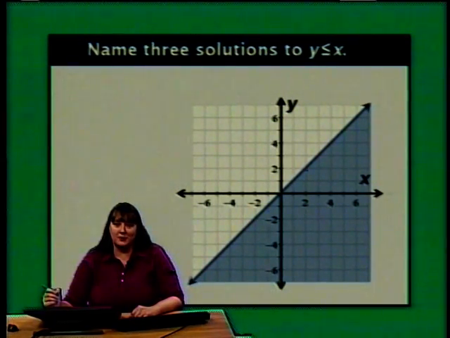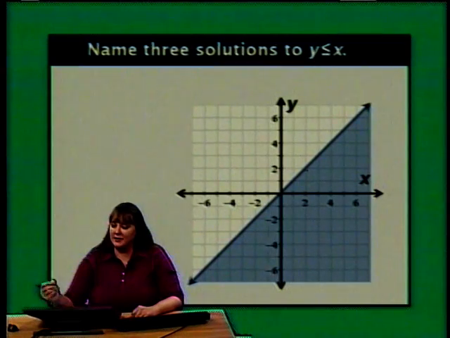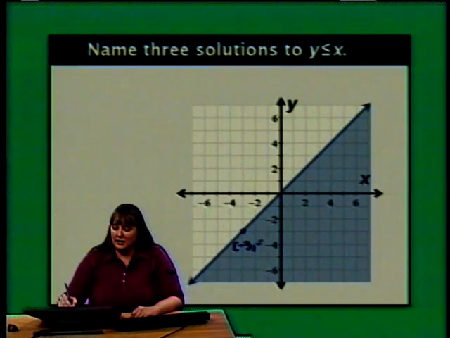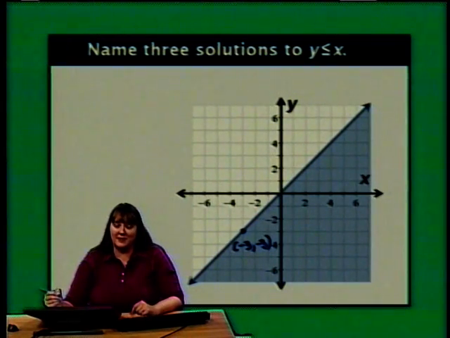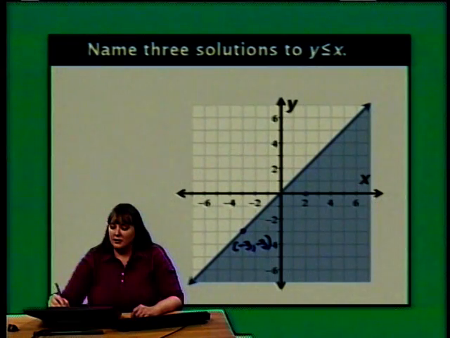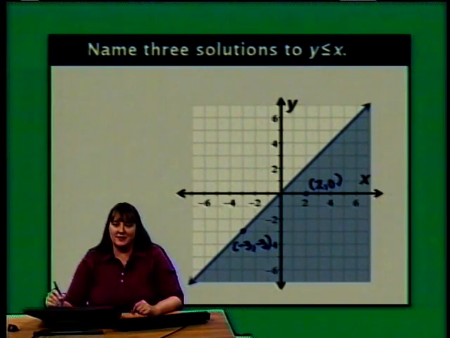Let's name 3 solutions to y is less than or equal to x. So I can pick any point on the line. That's going to be where y is equal to x. For instance, the point negative 3, negative 3 satisfies the inequality because y is equal to x. The point 2, 0 also satisfies the inequality. Here, y is less than x.